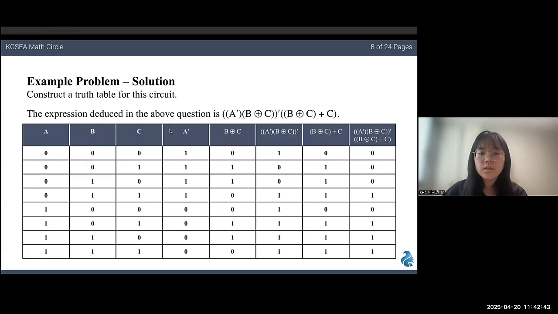For example, NOT A can be created as a separate column, and B XOR C can be created as a separate column, just as we did for NOT A. If we continue this for all parts of the Boolean expression, we can eventually deduce the final truth table on the rightmost side of the slide, which is 0, 0, 0, 1, 0, 1, 1, 1.